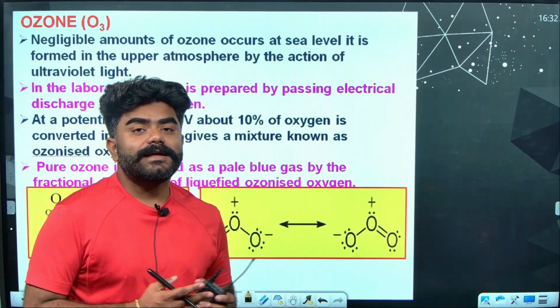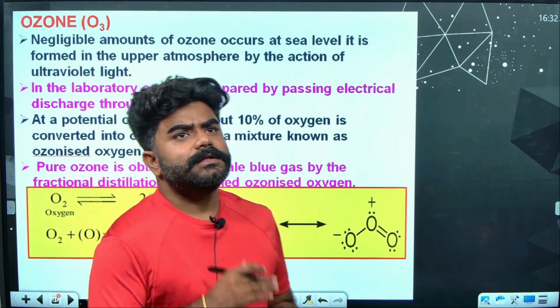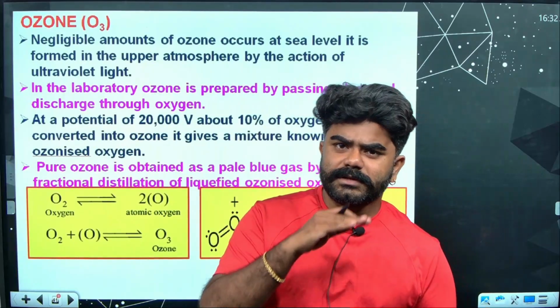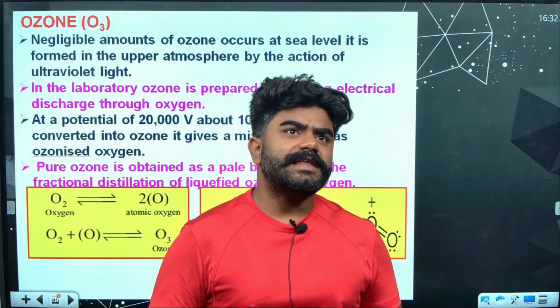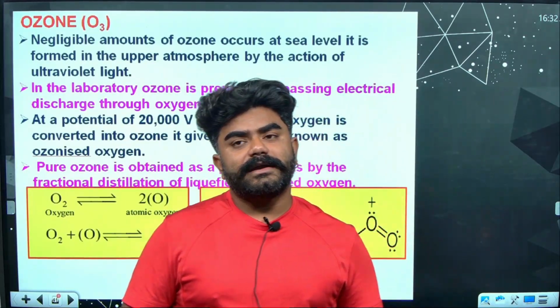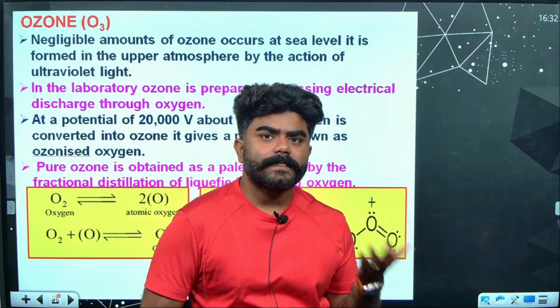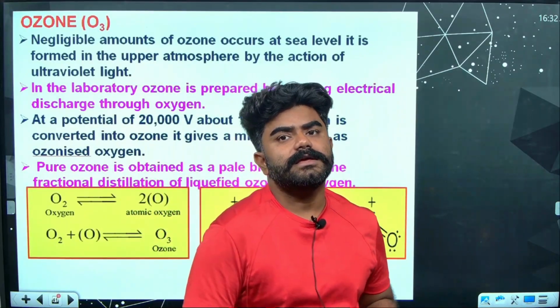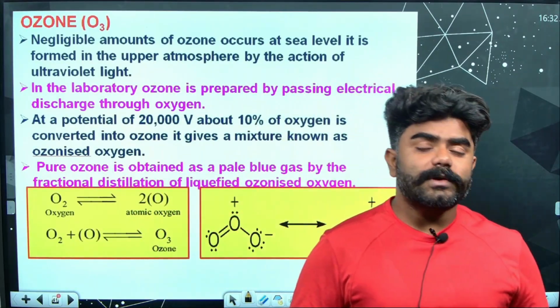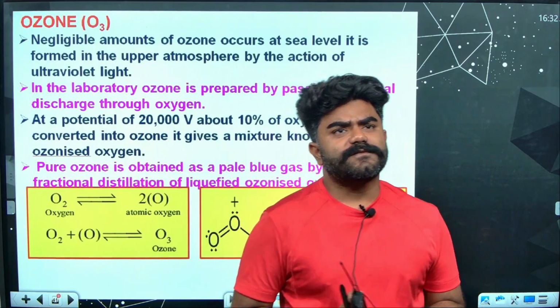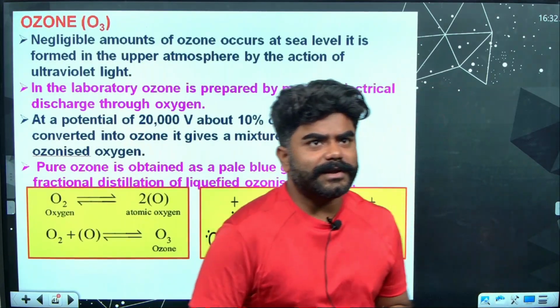Ozone எங்கெல்லாம் present ஆயிருக்கு அப்படின்னா negligible amount of ozone வந்து அந்த upper part of the sea level present ஆயிருக்கு, and in the atmosphere at the upper part you see there is ozone layer which is formed because of UV interactions.